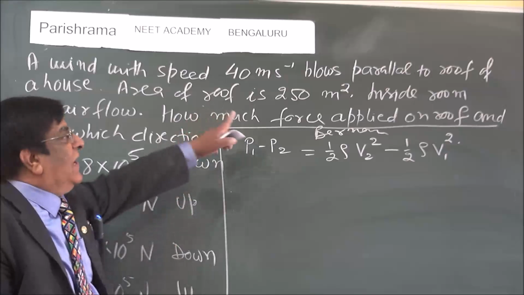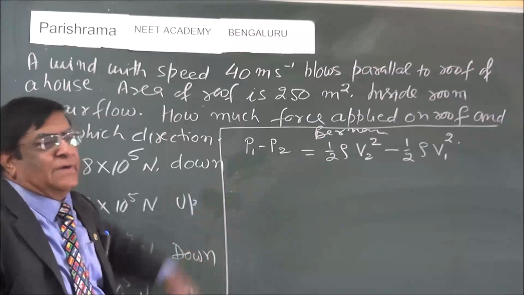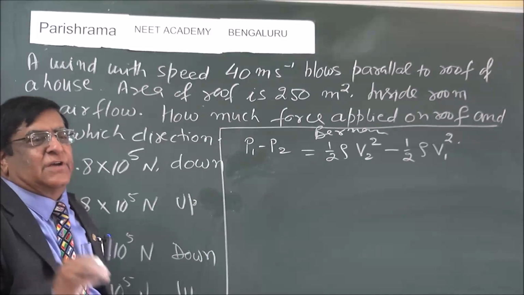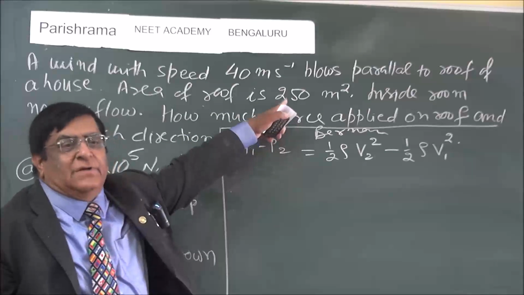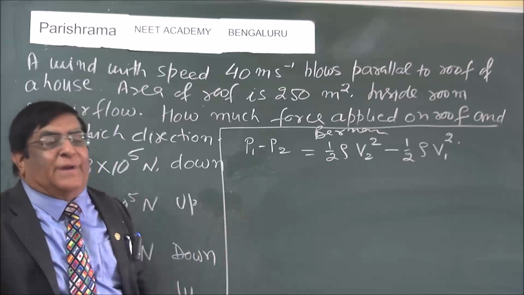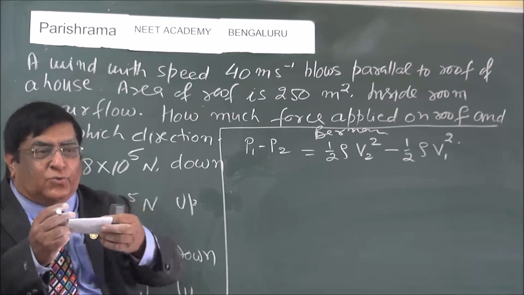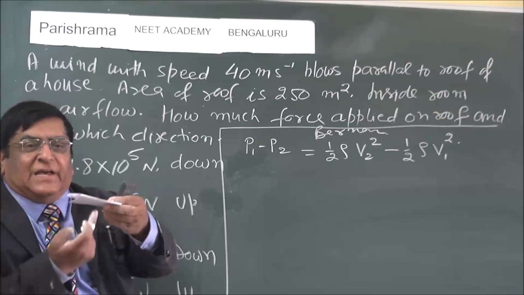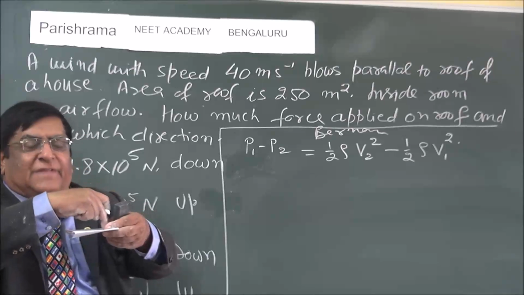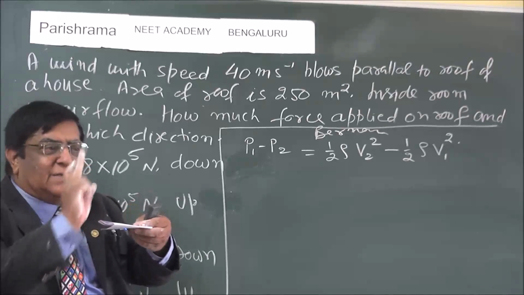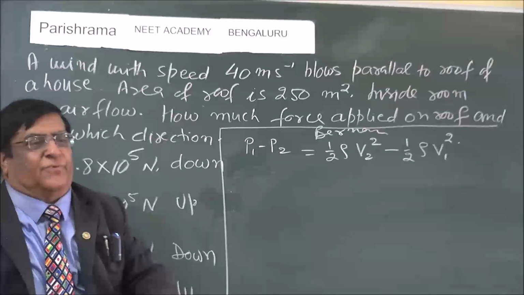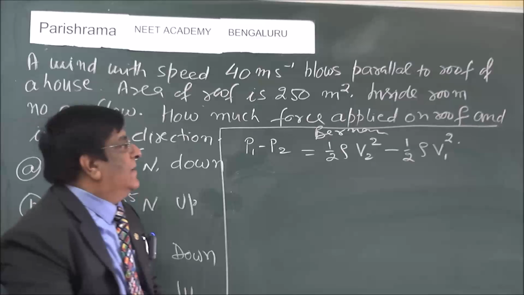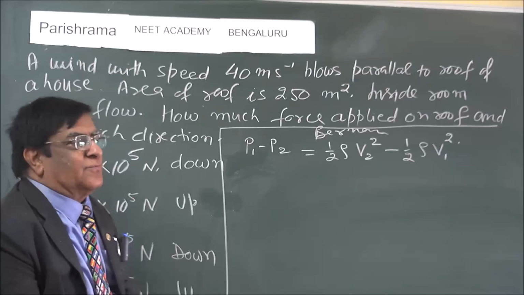You remember this? Okay. This is the pressure difference. And what are we trying to find out? Force. But we know the relation that force is equal to pressure into area, and area is given to us. So what are we supposed to find out? Pressure difference. If there is a roof, what is the pressure difference here and here? If that pressure difference is upward, then there will be force up. If that is downward, there will be force downwards. Okay. So that we are supposed to find out.